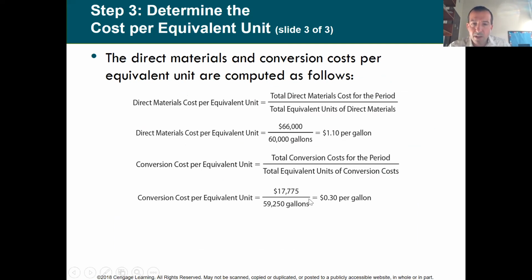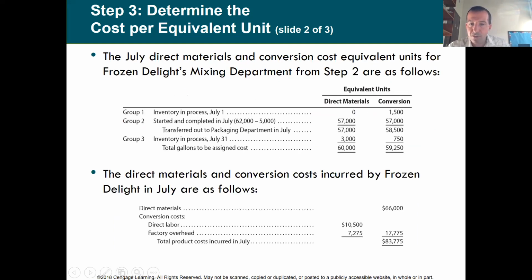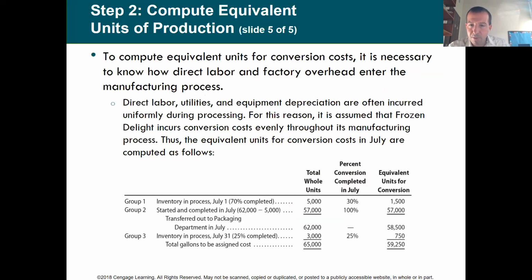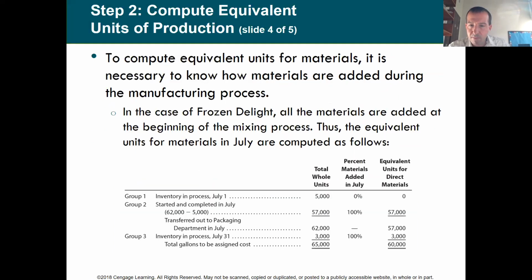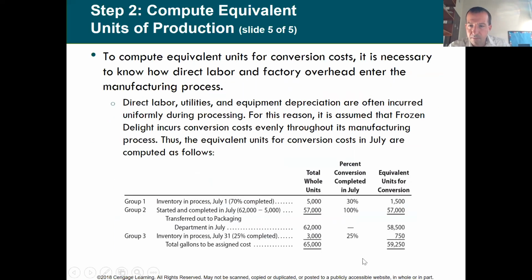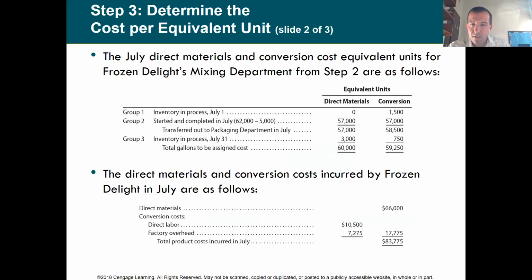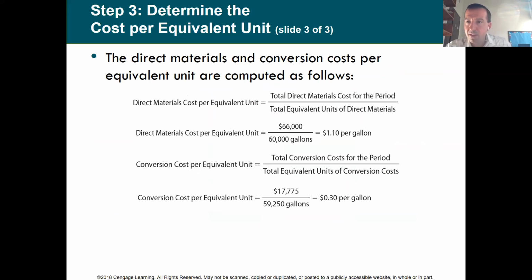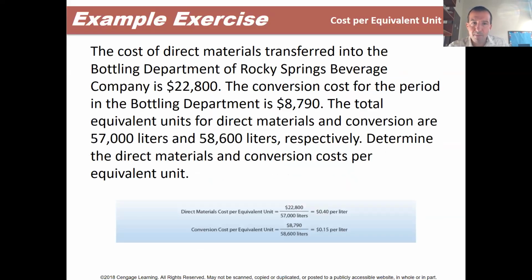And then on the conversion side, we said it was 59,250 gallons, which we got from here, and the total cost is 17,775. So the conversion cost per unit is 30 cents per gallon.